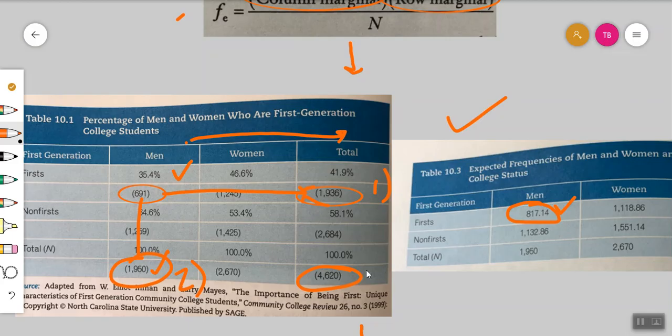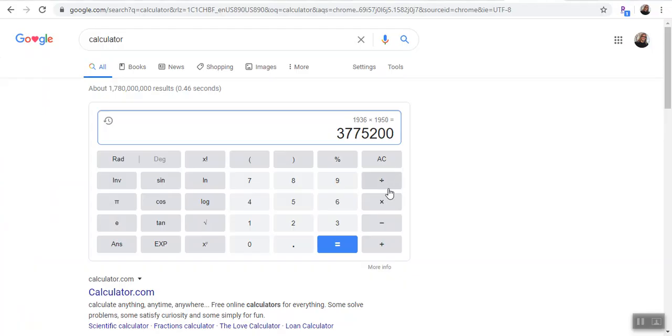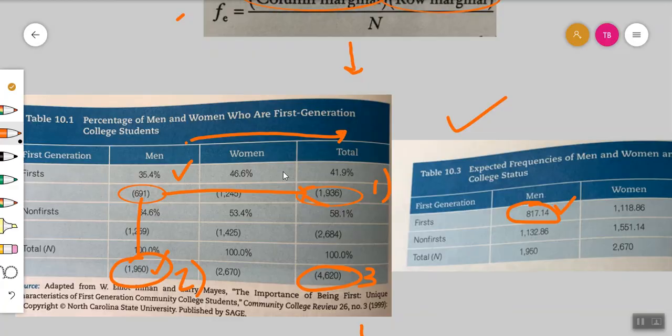And then you can divide it by number 3 here, the 4620. Divided by 4620 equals 817.14 right here. And that's where your number is. See, over here, number is 817.14. Okay? So let's do that for the second one.